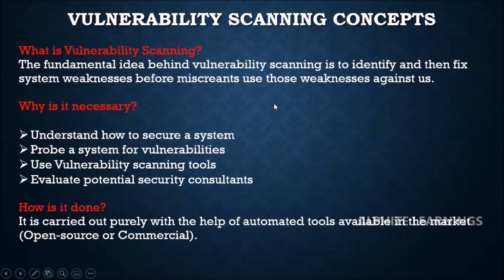What this vulnerability scanning report helps us do is understand how secure our network or how secure our website is. All these vulnerabilities will have a ranking from 0 to 10. If it is 10, it is of high severity. If it is 6, it is of medium severity. If it is 1 or 2, it will be of low severity.